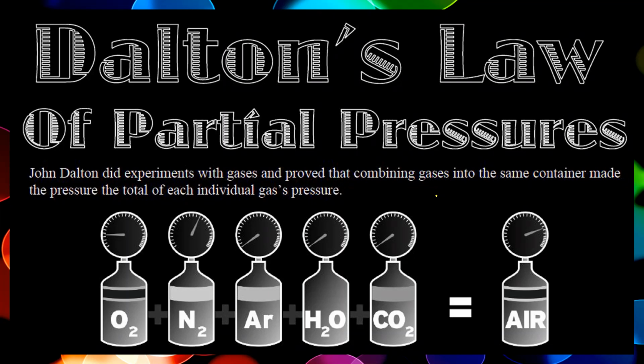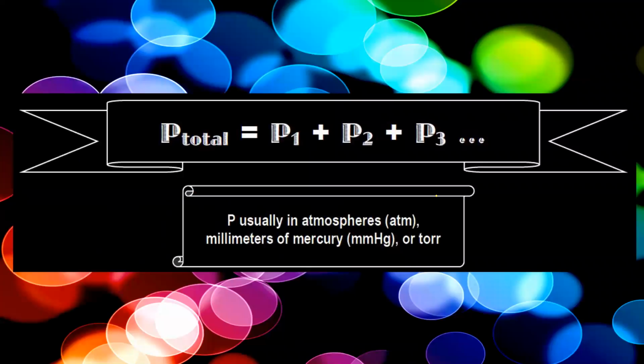That's Dalton's law of partial pressures. If you add up gases into the same container, you can just add up their pressures and there's your total pressure. So it makes it a super easy calculation. So here's the formula.